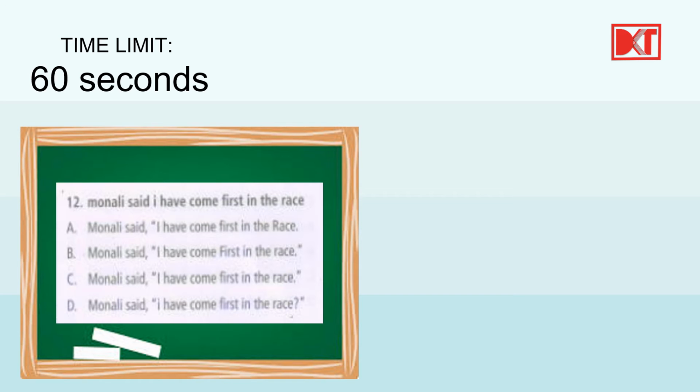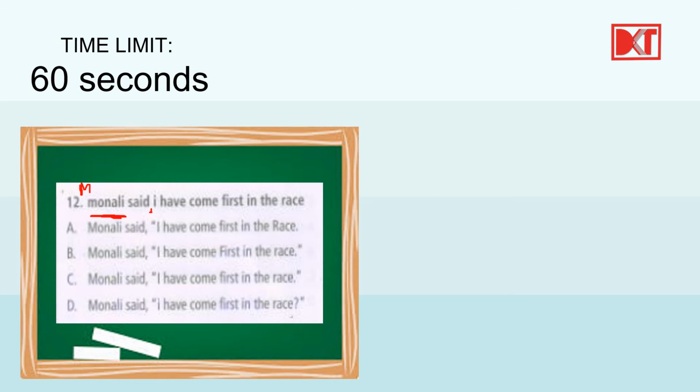So here, Monali said, I have come first in the race. Let's start with Monali. Monali is the name of a person. Also, it is the word with which the sentence is starting. So M will be capital. And then Monali said. So this is a sentence that Monali is saying, after which we will be putting a comma because we have to start quotation marks for the exact words she said.